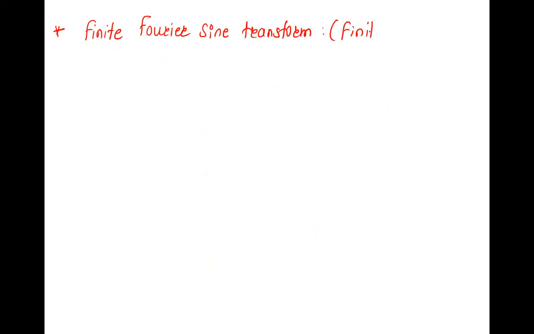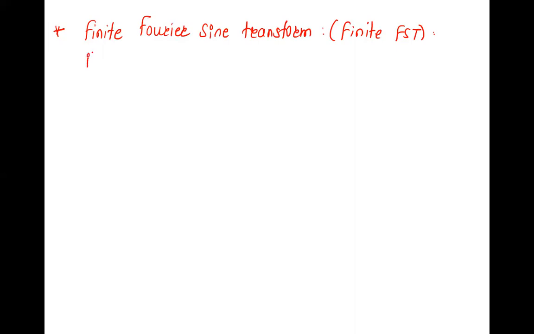The next term that will come is finite. Finite Fourier sine and cosine transforms. First we write the finite Fourier sine transform, FST. There can be 2 intervals where we need to define this.